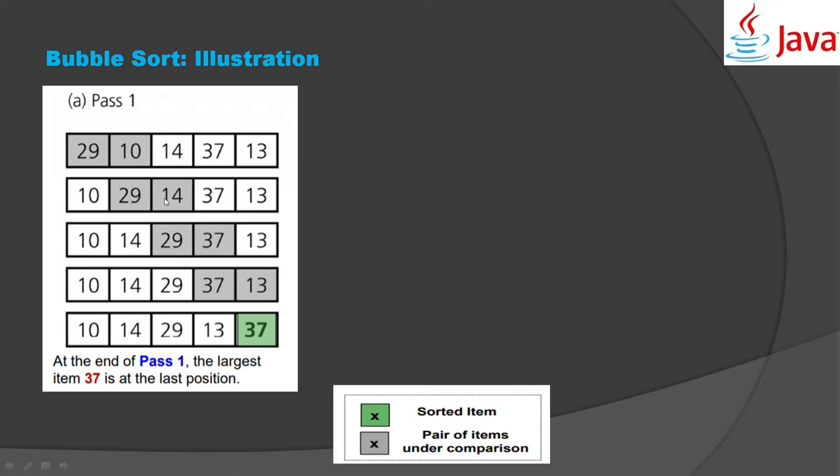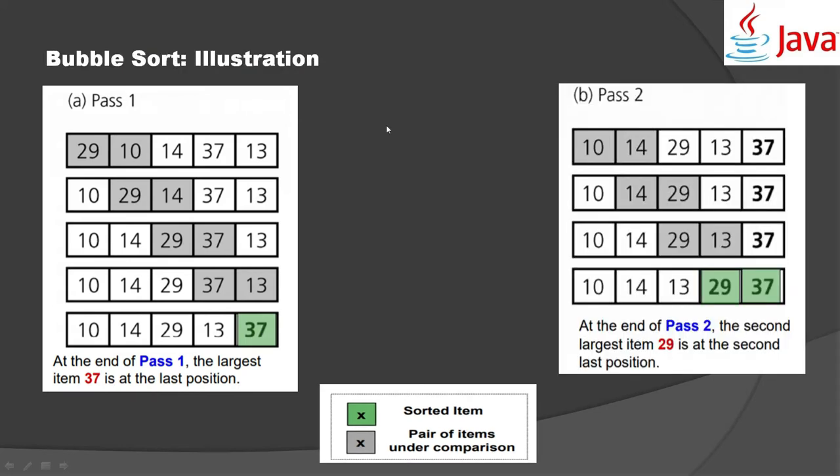Again, bubble sort will compare the next two elements, and if it finds that, of these two adjacent elements, the previous element is greater than the one after it, then swapping should happen. After one pass or one iteration, the biggest element will have bubbled up to the last position. If you continue the process for the second pass, the second highest element will be at the second highest index of the input array.